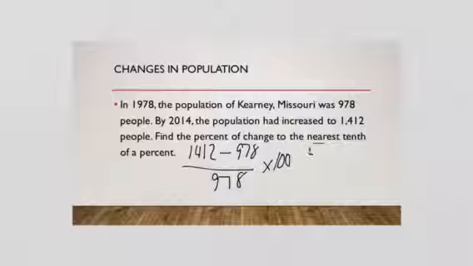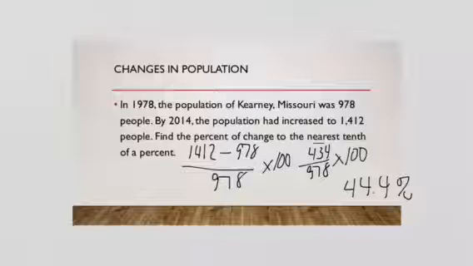Well, you end up with like 434 divided by 978 times 100. And this time, we get a positive 44.4%. Remember the problem said, round to the nearest tenth. So what does that mean? That means that the population of Kearney increased by 44.4%.